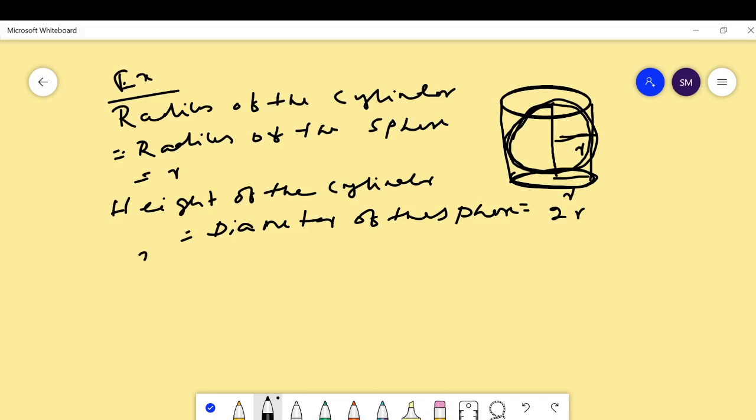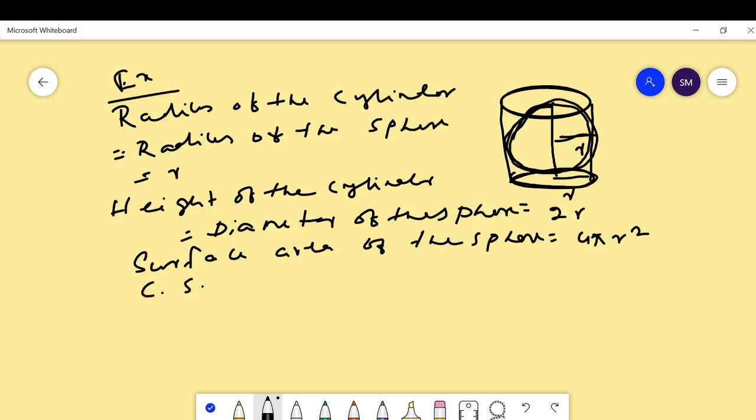As you know, the surface area of the sphere is equal to 4 pi r square, and the curved surface area of the right circular cylinder is equal to 2 pi r h.